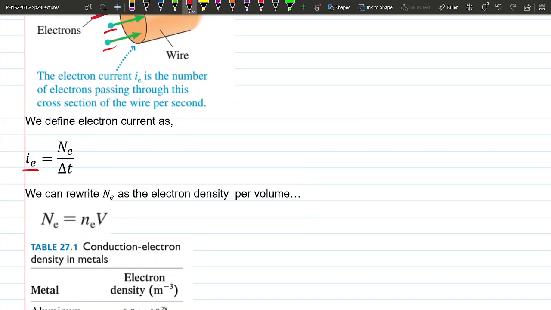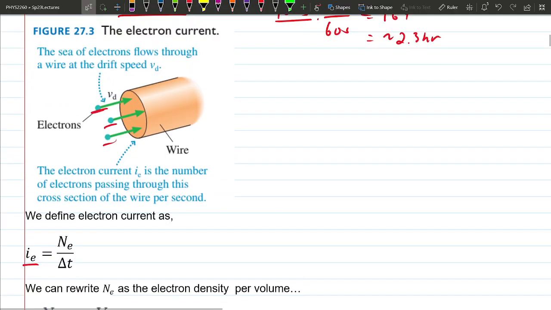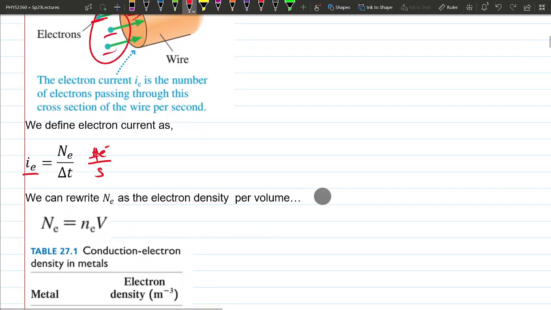Electron current just means how many electrons are moving across a little section per time. It's kind of like speed: the number of electrons going into this little tube of conductor per unit time. So this will have units of number of electrons per second.